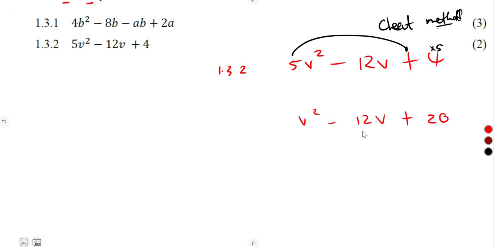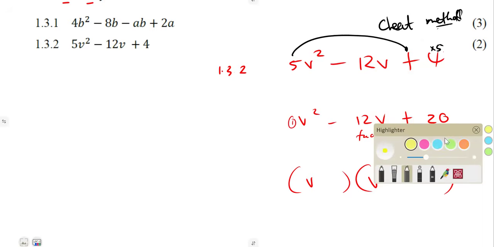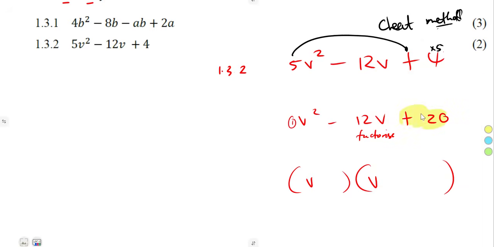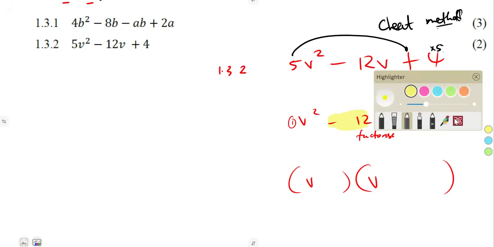So what you do is you factorize this, because you are used to when the coefficient of v squared is 1. You're going to have v and v. Then you focus on the constant 20.